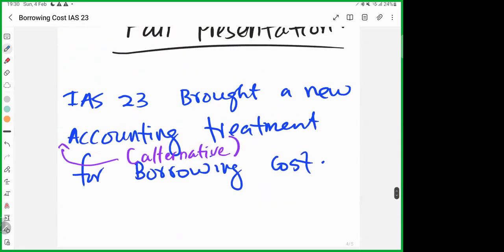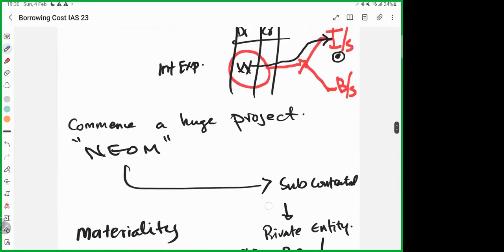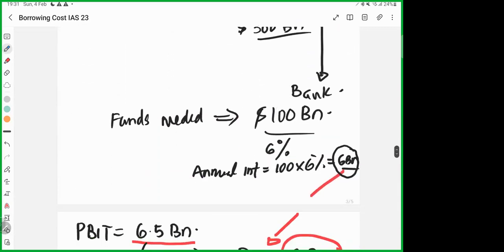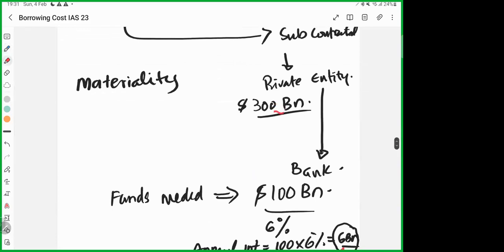Normally, if I go to the example here, in this project, how long do you think this project will take to complete? Maybe more than 2-3 years. Very good. We are talking about a project worth 300 billion.